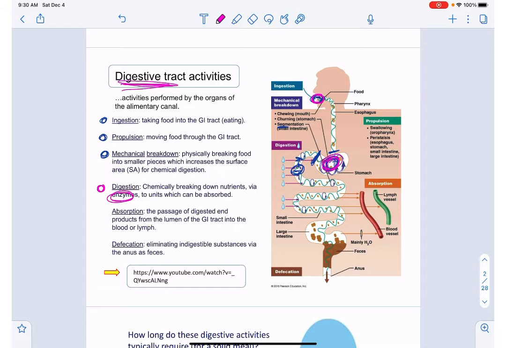But the primary place, the main location where digestion is going to occur is in the small intestine, the duodenum, the jejunum, and the ileum. And the food spends quite a bit of time in the small intestine because that's where most of digestion is going to take place.